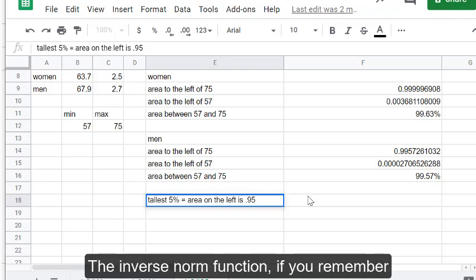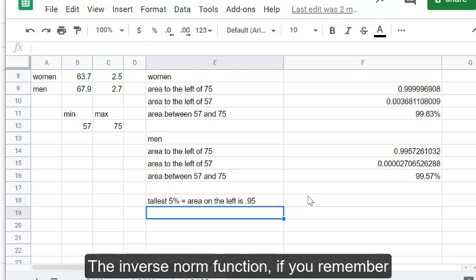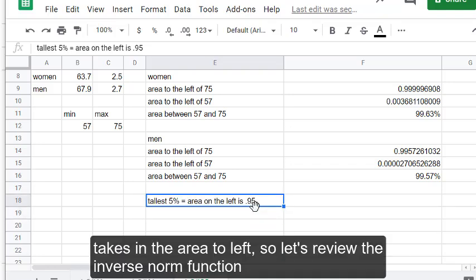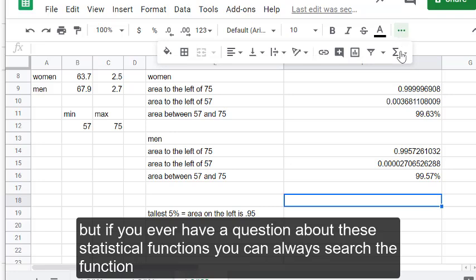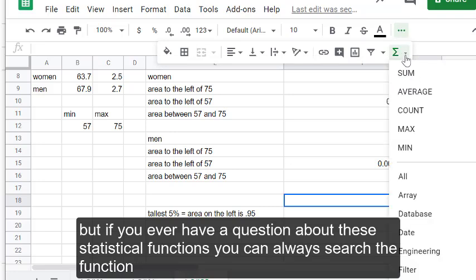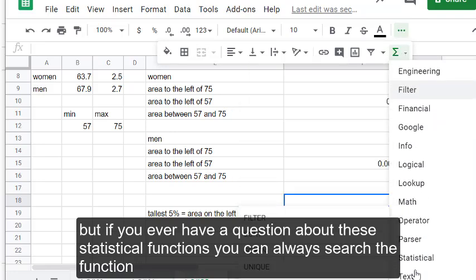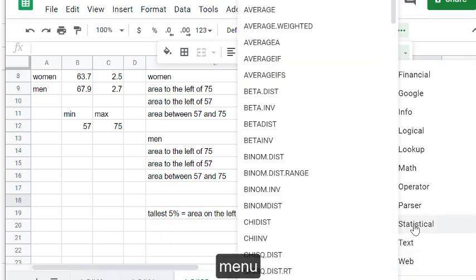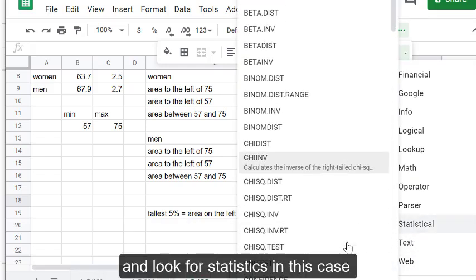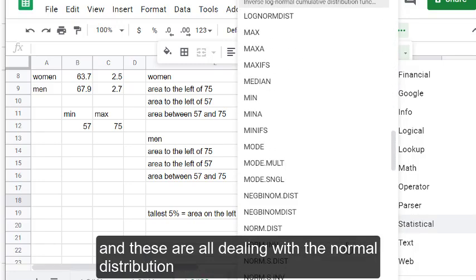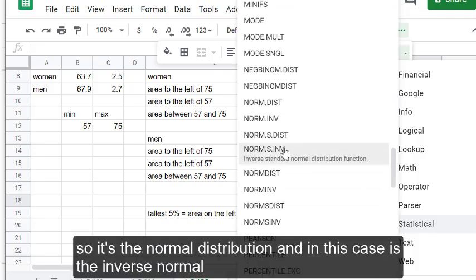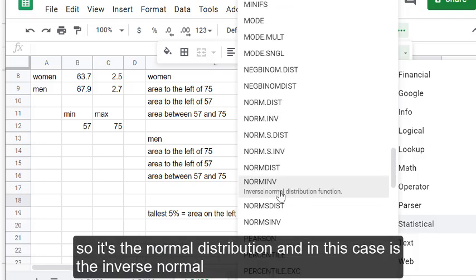The inverse norm function, if you remember, takes in the area to the left. So let's review the inverse norm function. If you ever have a question about these statistical functions, you can always search the function menu and look for statistics in this case. And these are all dealing with the normal distribution. So it's the normal distribution, and in this case it's the inverse normal.